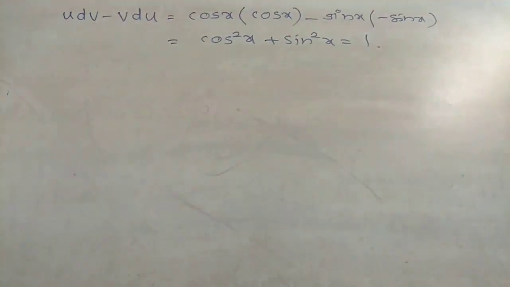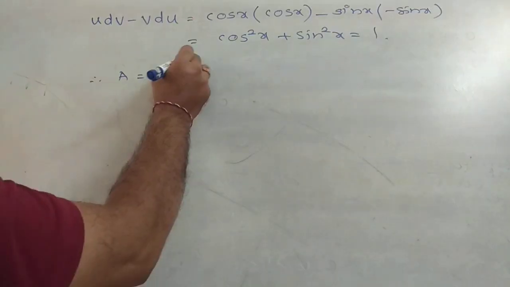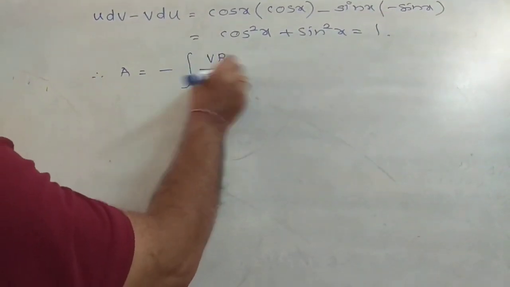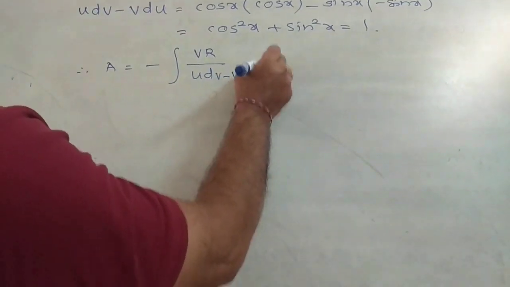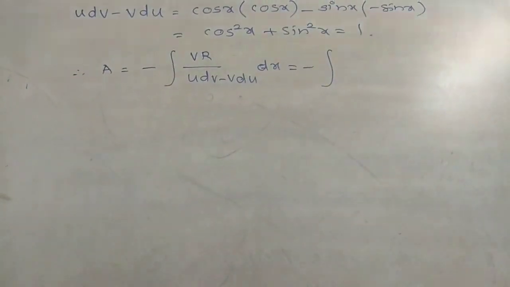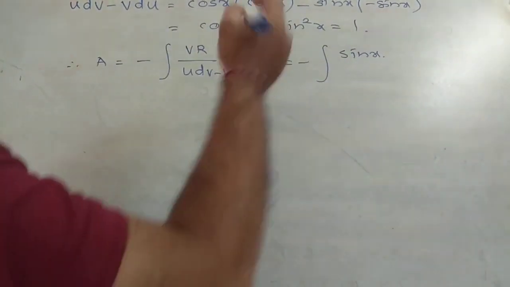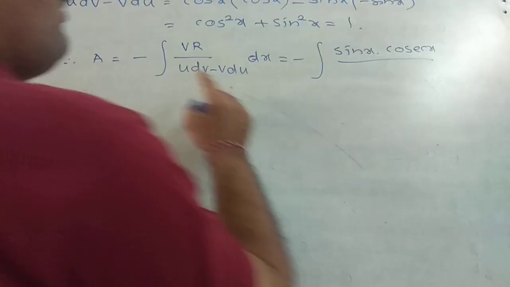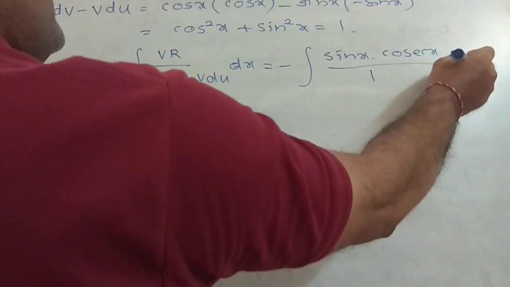Now after getting this udv minus vdu, just I am finding A. Formula is minus integral of v into r divided by udv minus vdu, of dx. It is equal to minus integral of, what about the v value? It is sin x. What is r? As per the problem it is cosec x divided by udv minus vdu value 1, of dx.